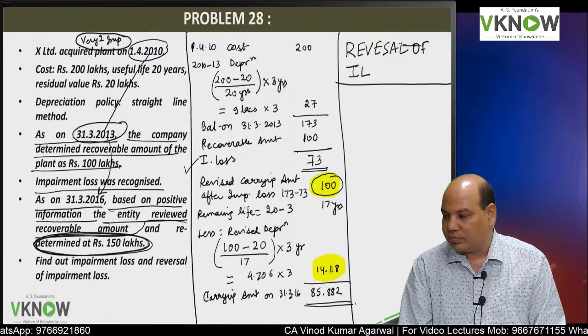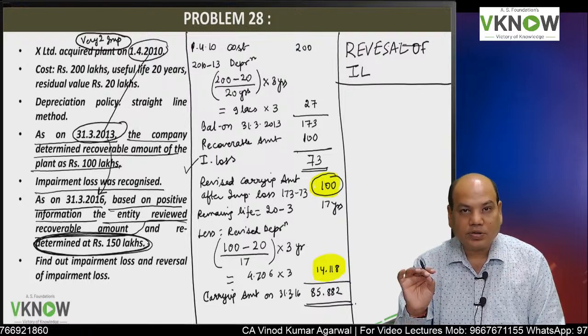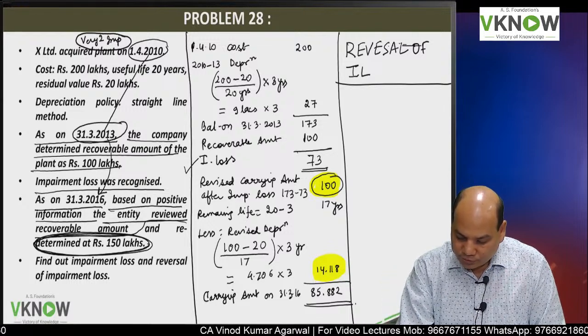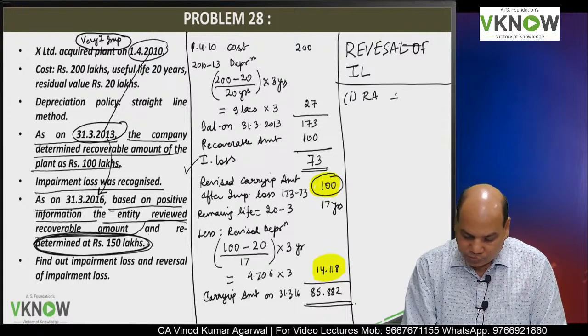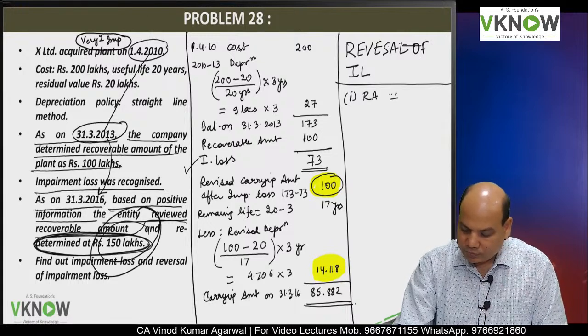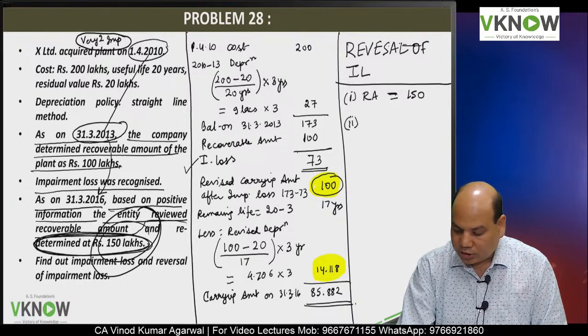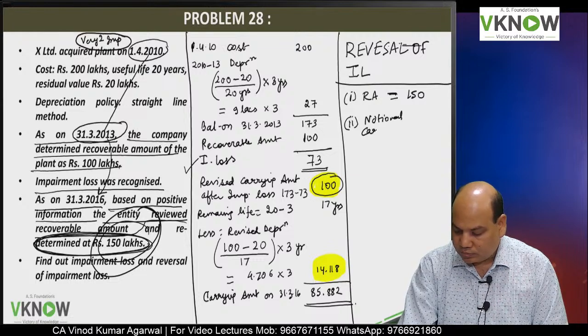Impairment loss will be reversed subject to the lower of the following two numbers. First you compute recoverable amount, which is given in the problem here as 150 lakh, and second you calculate notional carrying amount.